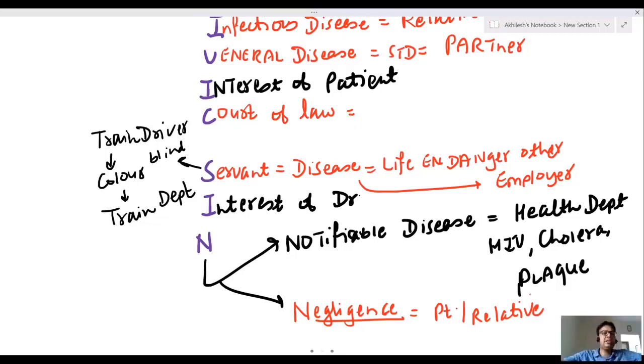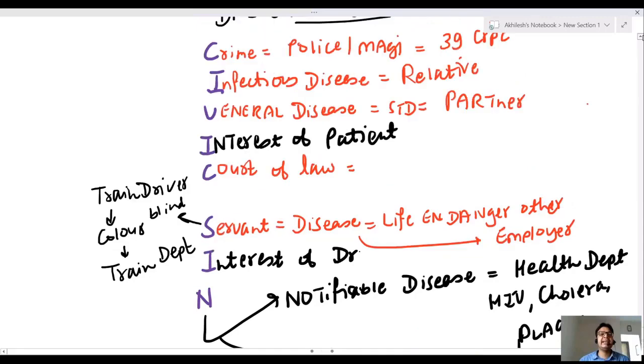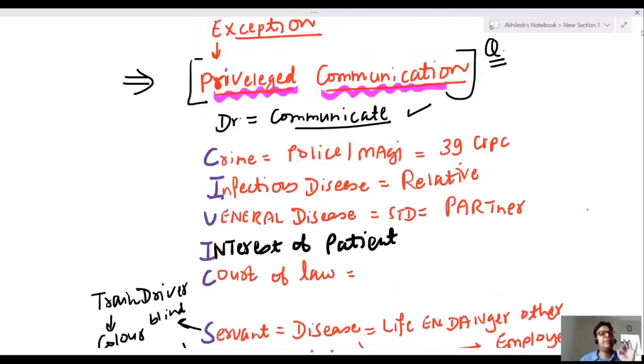I am summarizing all these things again. Sir, what I am discussing are examples of cases known as privileged communication. The doctor has to communicate to some authority. First, criminal case informed to the police or magistrate. Infectious disease informed to the relative. STD informed to the partner.